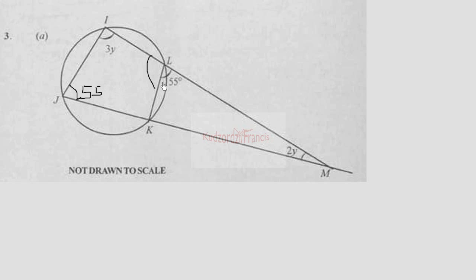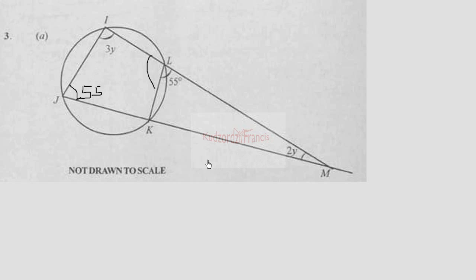You can find this angle, whatever it is, then subtract it from 180 to give you this, because it's a cyclic quadrilateral. Then also taking the triangle as a whole, taking triangle JIM, we know that 1, 2, 3 must give us 180. Good.